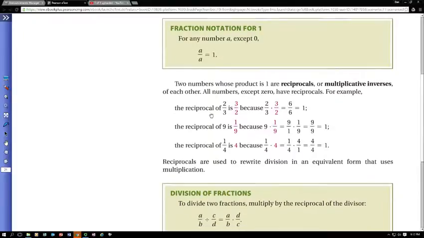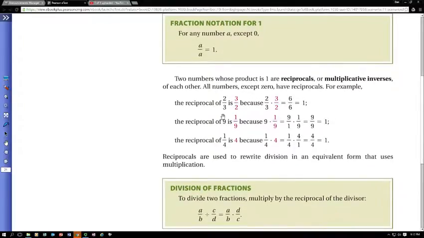So the reciprocal of 2/3, in other words, what number can I multiply times 2/3 to get 1? And it would be 3/2. Because what I would get is numerator times numerator would give me basically the same number over the same number when I take the denominator too. So I get 6/6 or 1.